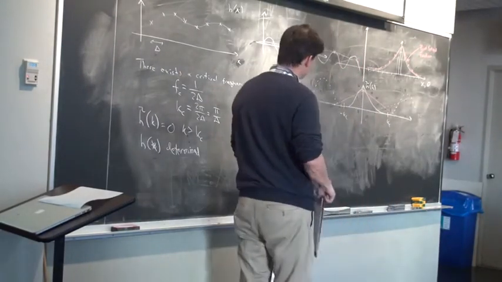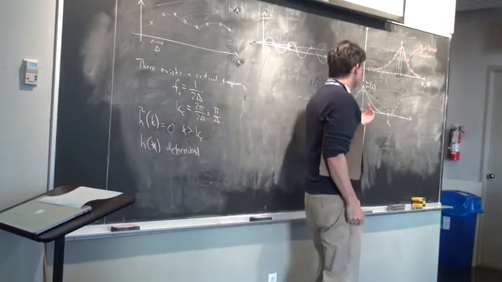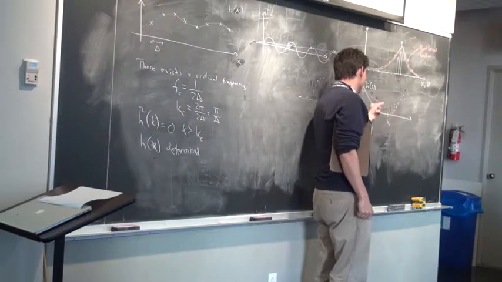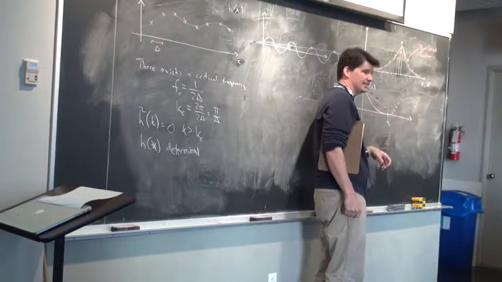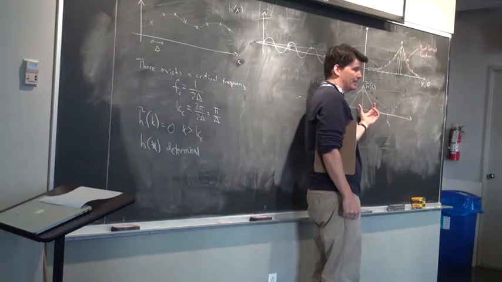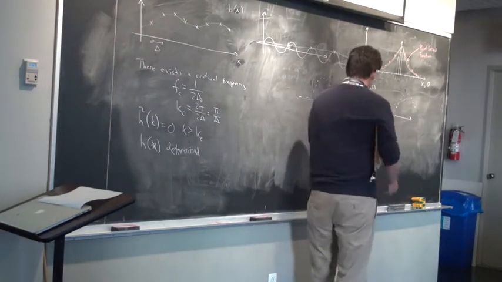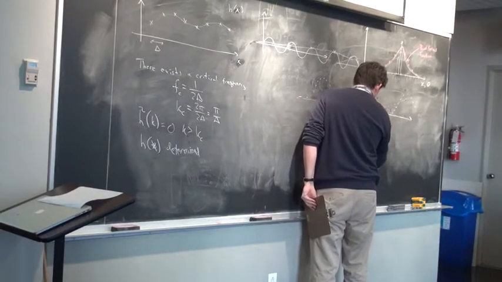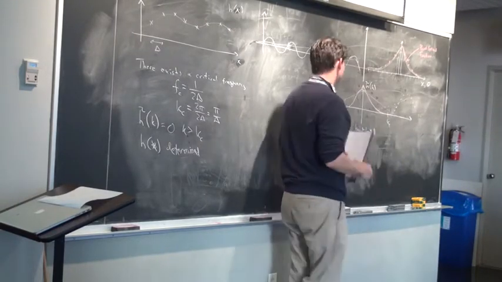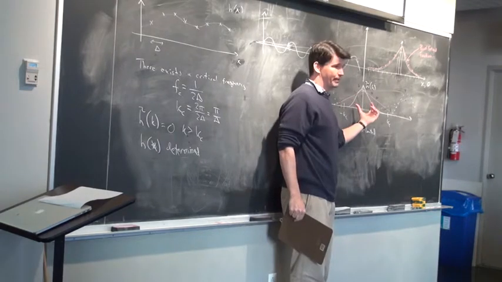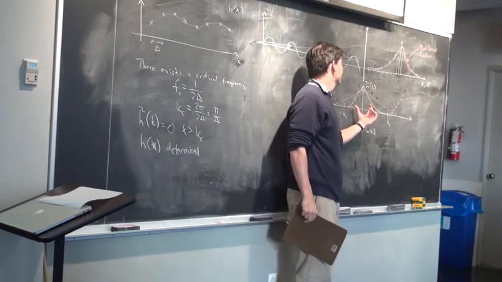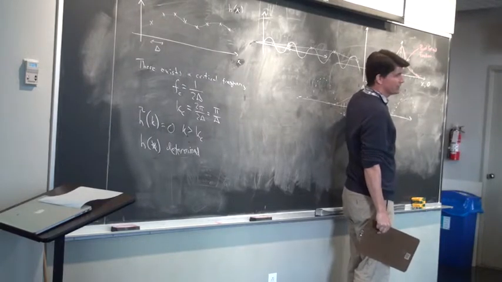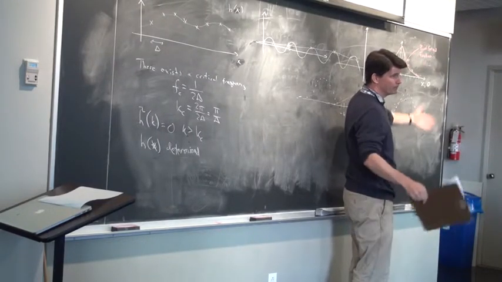Well, the interesting thing is that telescopes are naturally band-limited. So this statement that all the power is within minus kc to kc is a statement that it's a band-limited image. This is what we mean by band-limited. And all telescopes have a natural band limit, right? Because this white line is a Fourier transform of the pupil.